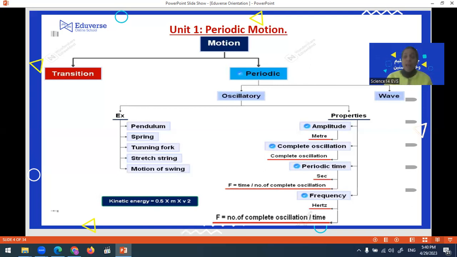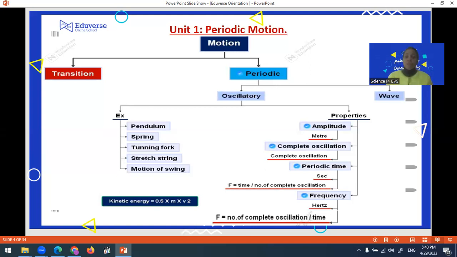Okay, first, amplitude, maximum displacement. We measure the amplitude with meter. Complete oscillation, right and left. Okay, complete oscillation. Periodic time, the time taken for the body we're talking about, for example, the pendulum, to complete one complete oscillation.